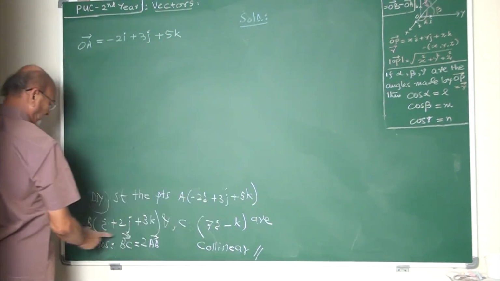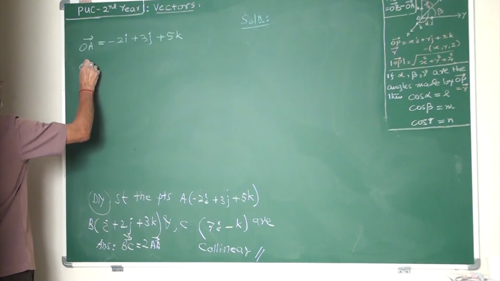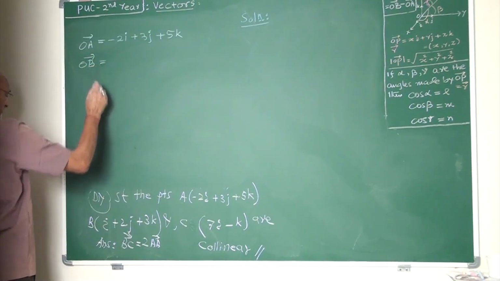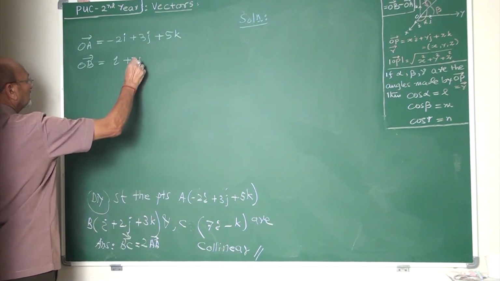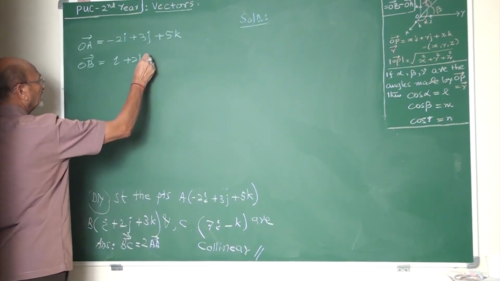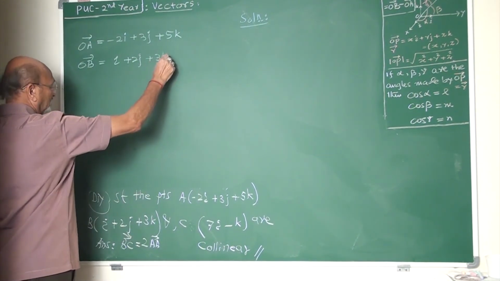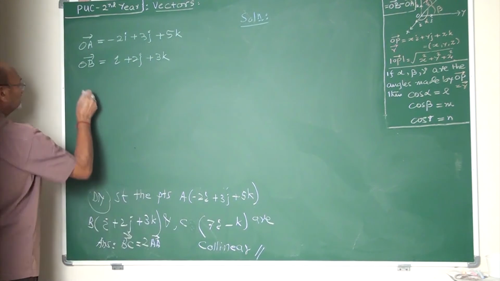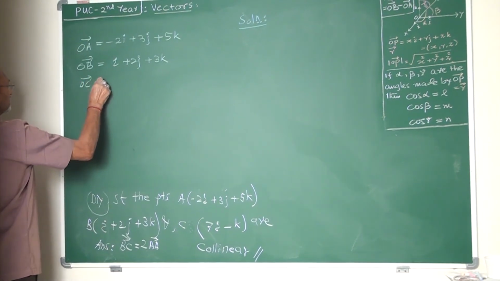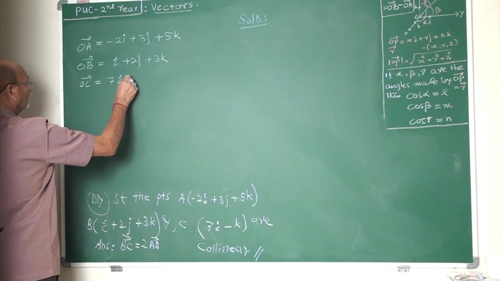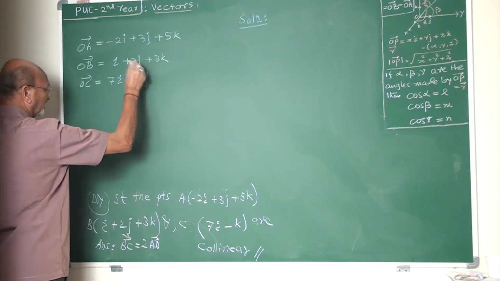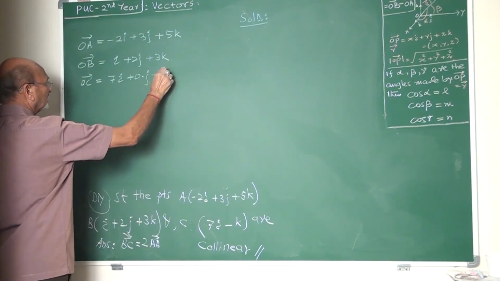This is OB, i plus 2j plus 3k. Yes, this is OC, it is 7i plus 0j minus k.